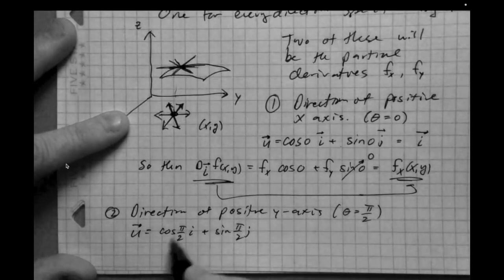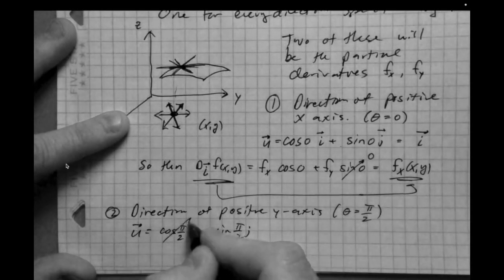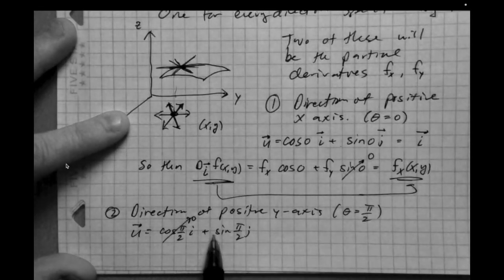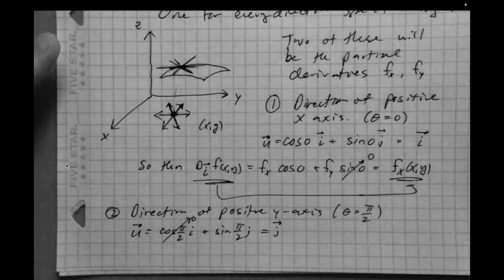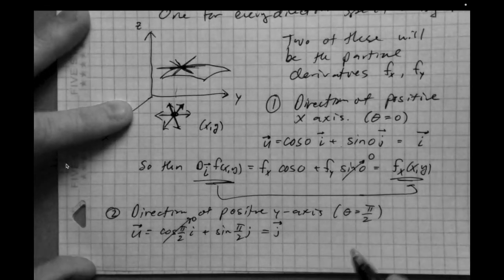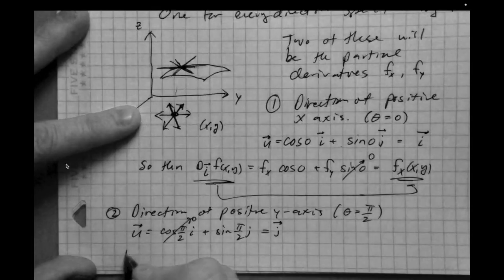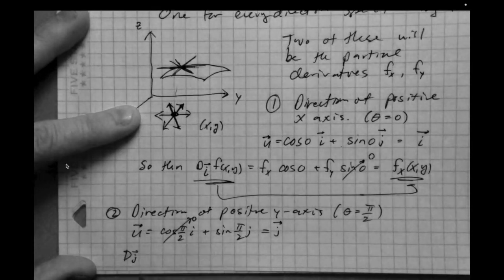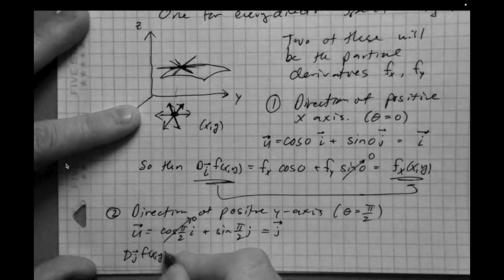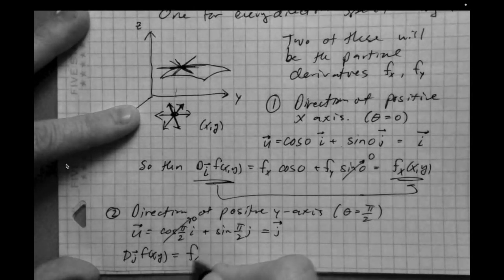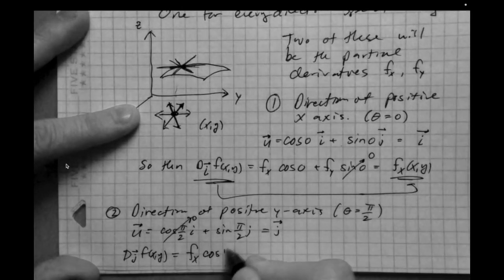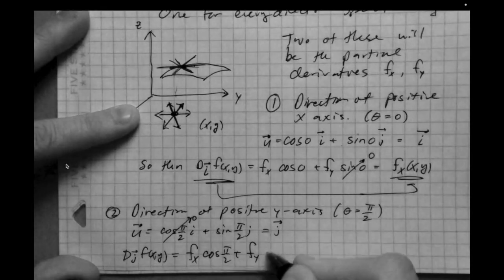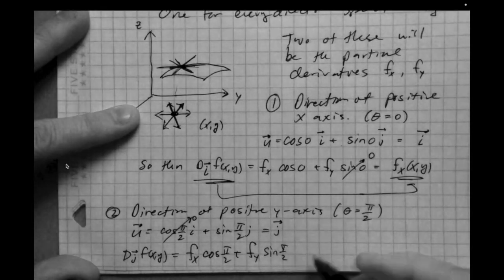Okay, and then again here, cosine of pi over 2 is 0, right? So you're just left with 1 times j, so this is just the unit j vector. And so in this case, the derivative in the direction of the j vector of f(x,y) is again going to be f sub x times cosine of pi over 2 plus f sub y times sine of pi over 2.